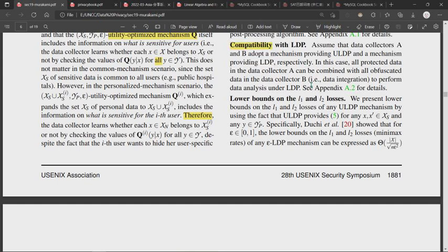In this case, all protected data in data collector A can be combined with all of B, by using the fact that ULDP provides this.